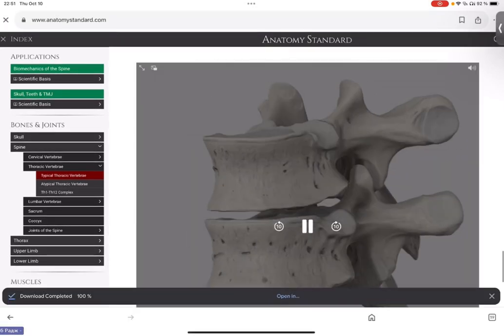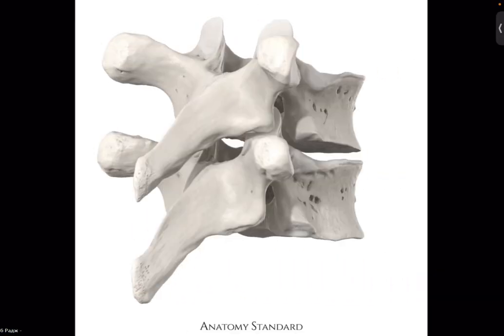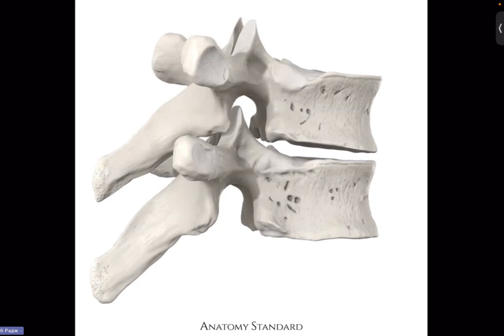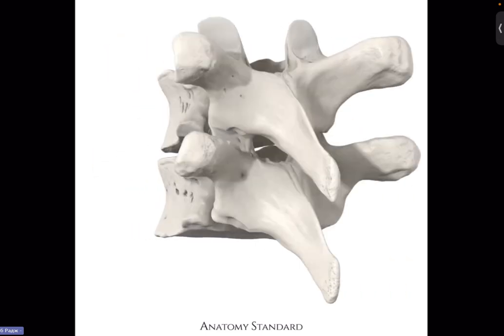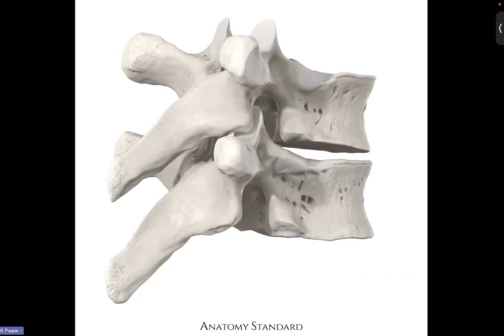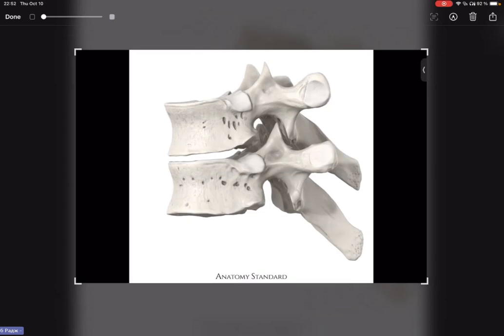First of all, see the structure. I will show you it again. If I forget, remind me, because once I tell you about all the structure, it will be very good for you to see it in 3D. I'll just take a screenshot.